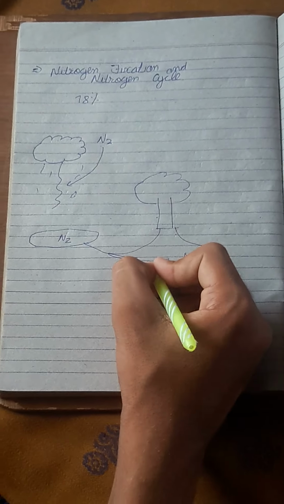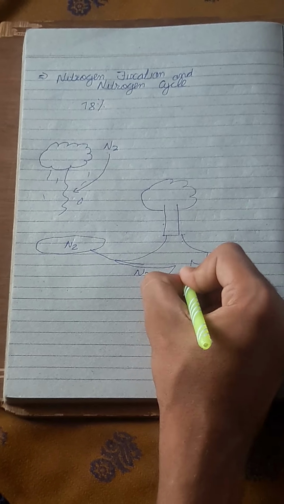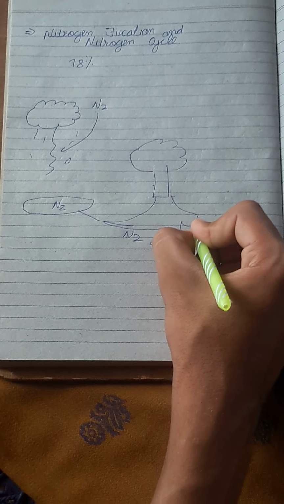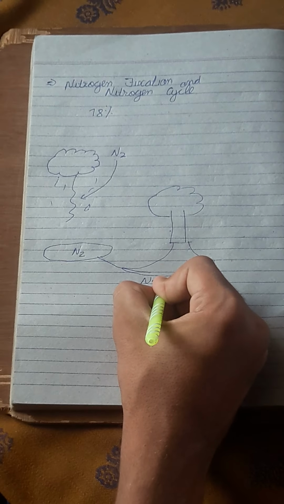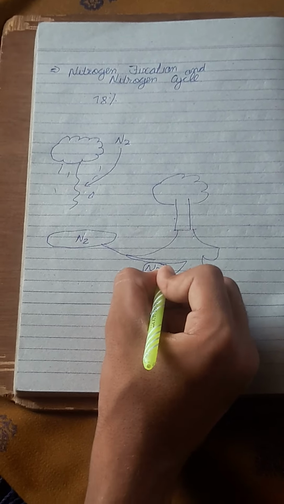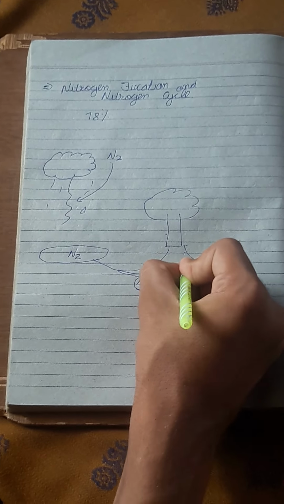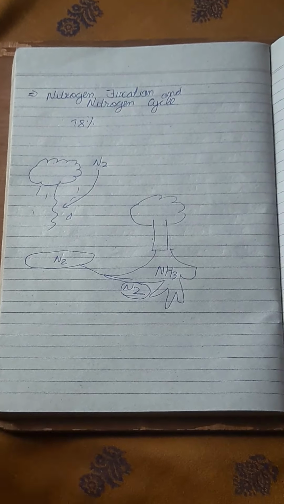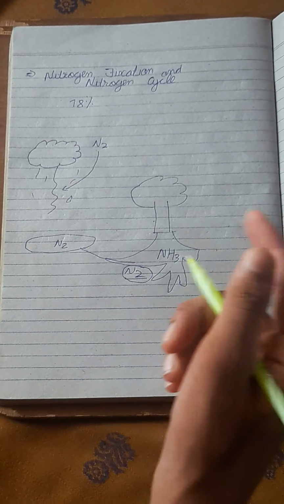These plants have nodules in which some bacteria called rhizobium are stored, which convert this soluble form of nitrogen into ammonia, whose formula is NH3. Other soil bacteria convert this ammonia into nitrates, which are used by the plants.